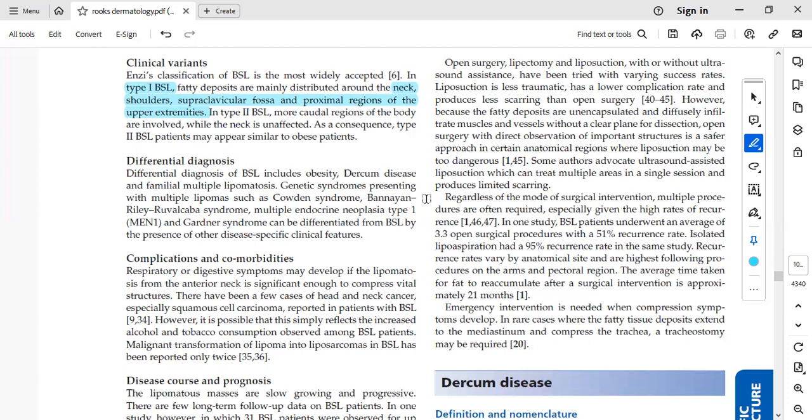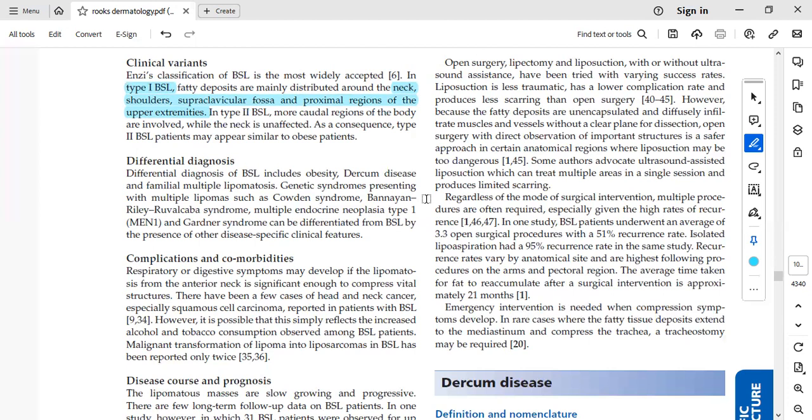Some main features of Cowden syndrome: as it is a hamartomatous syndrome, it includes macrocephaly, facial trichilemmomas, oral mucosal papillomas, dysplastic cerebellar gangliocytoma, thyroid CA, breast CA, fibrocystic changes, lipomas and acral keratosis. So if these features are present, we can differentiate BSL from Cowden syndrome.